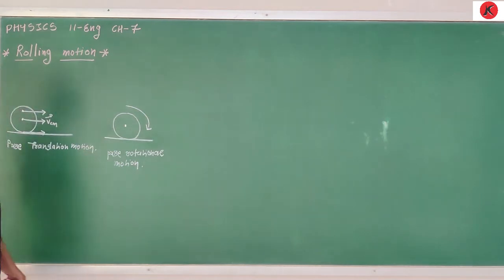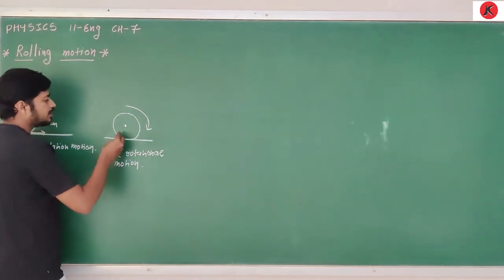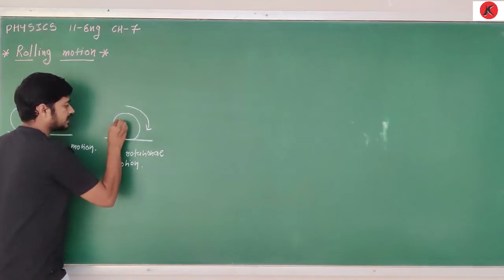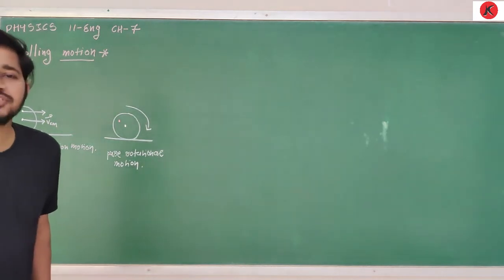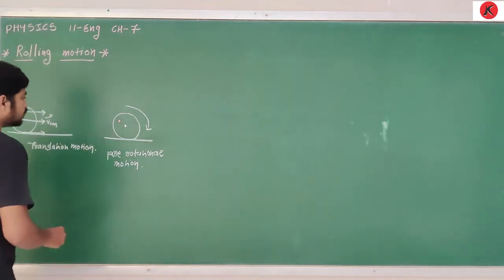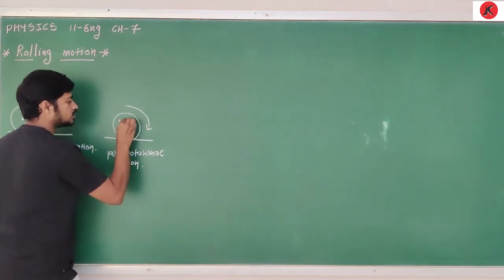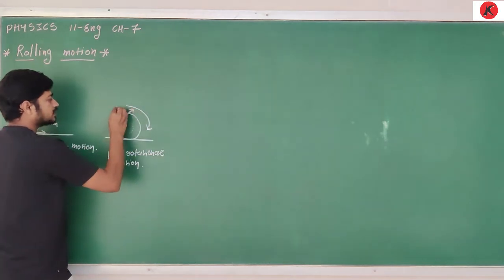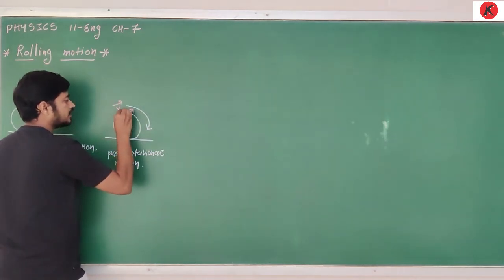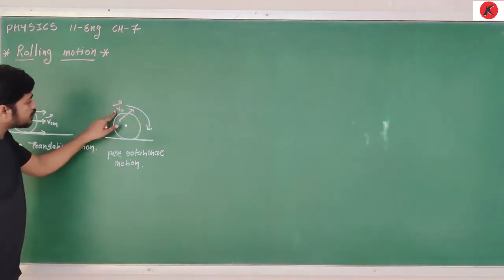Yes, in pure rotational motion, what happens? See, if I am taking any particle, for example, it is one particle, then for this particle, what is the direction of linear velocity? We know that this particle will perform circular motion and its velocity is in the direction of the tangent. So it is its V. Clear about this? And how to write the equation of this VL?